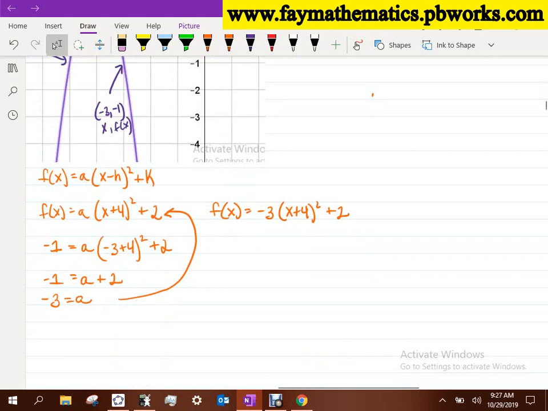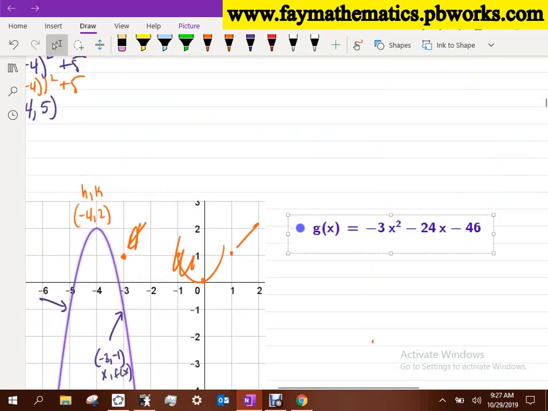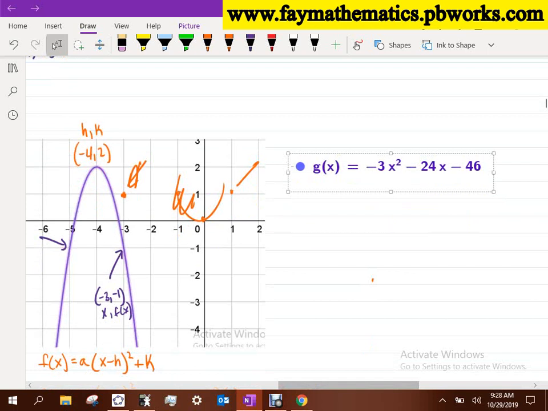Because I'm thinking you're thinking, well, I don't need to go through this if I have this, right? And I totally agree with that. If you have this and you have the graph, my thought is pick the vertex off the graph, and you've got x plus 4 squared plus 2. Then you look at that polynomial form of -3x squared minus 24x minus 46 and say, well, I need that -3 to be my a, and I've got my formula. Is that right? That's perfectly fine. That works, but that's when you have both those components.